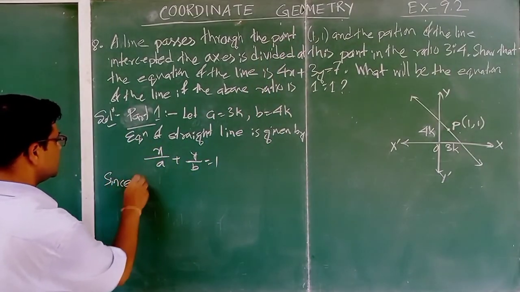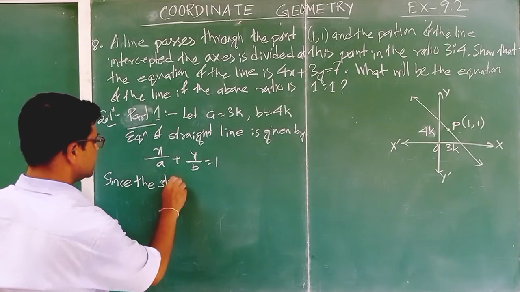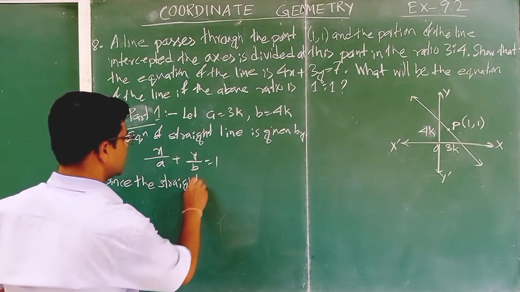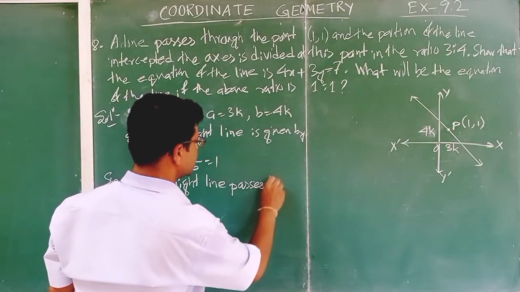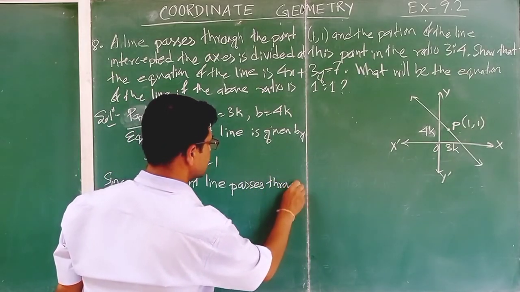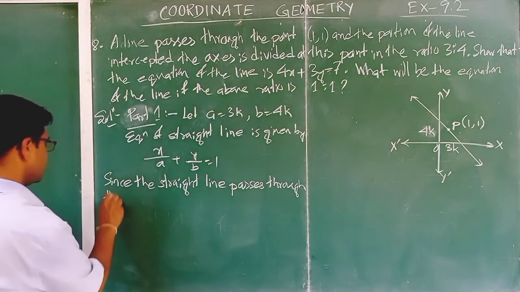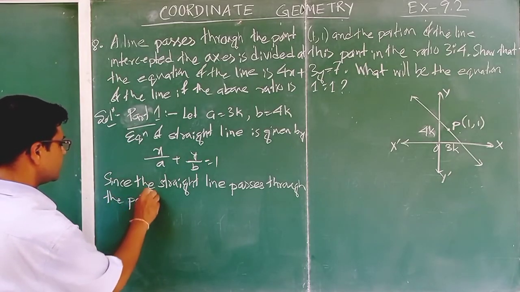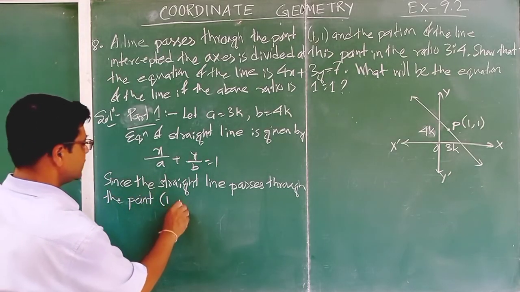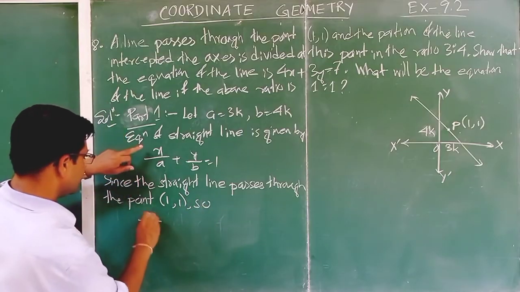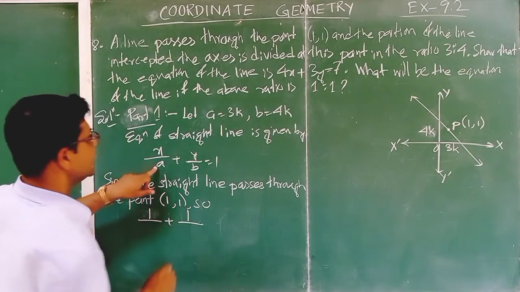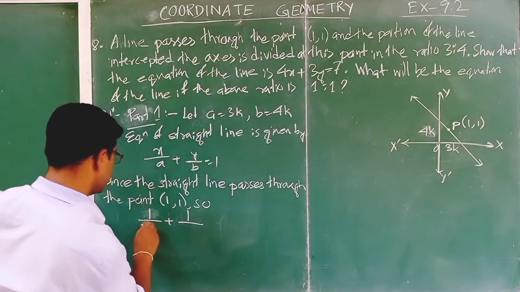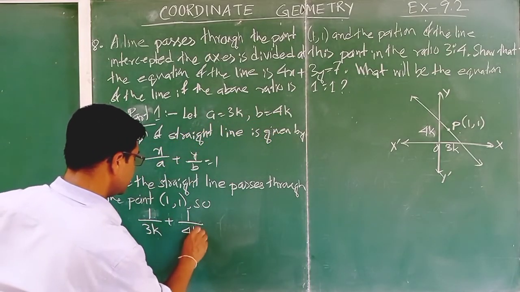Since the straight line passes through the point (1, 1), let us substitute x = 1, y = 1, a = 3k, b = 4k. So 1/3k + 1/4k = 1.